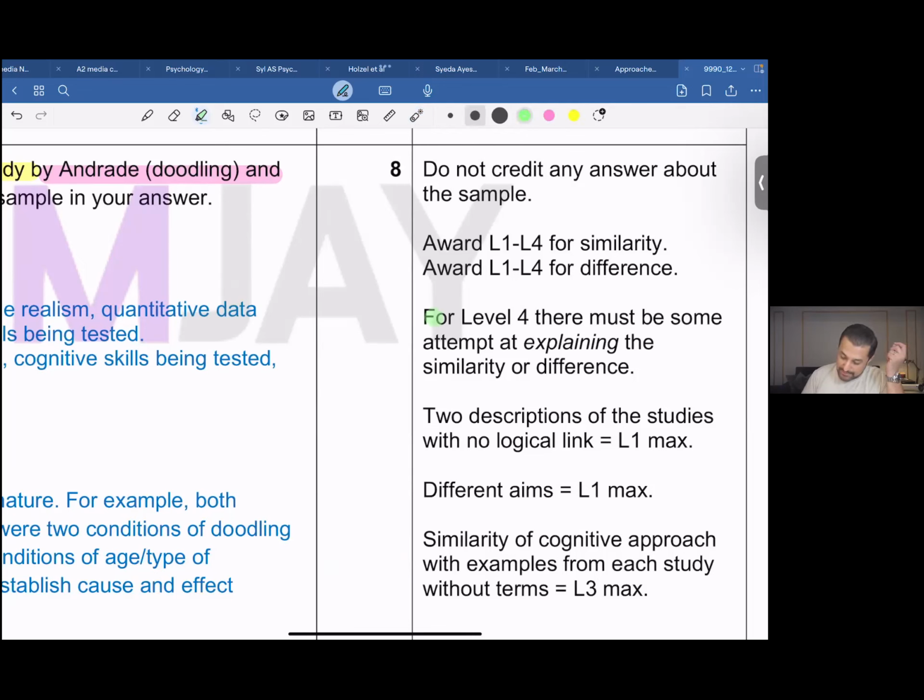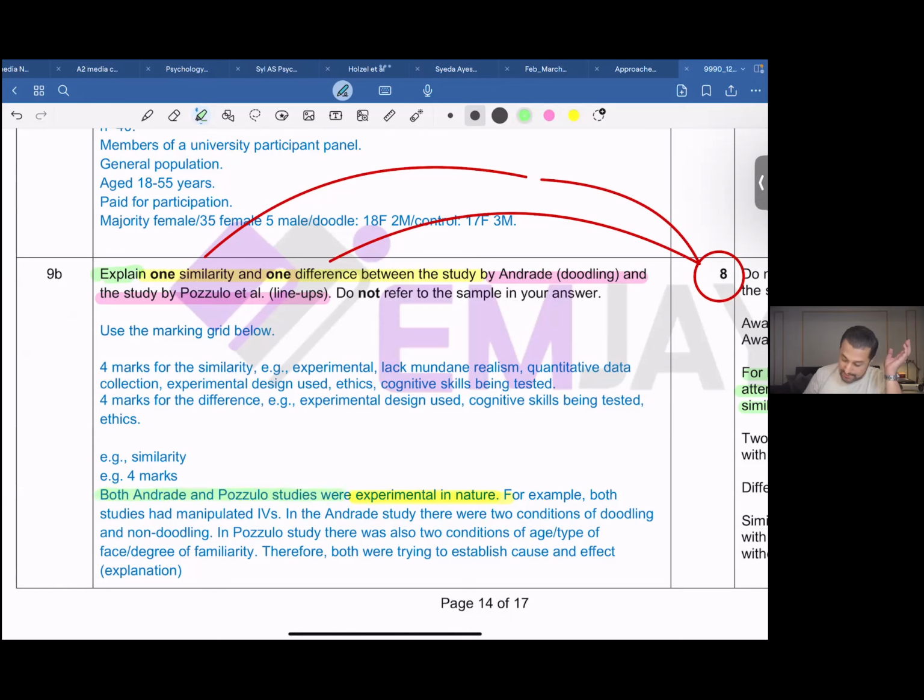Having a quick look at this, it reads, both Andrade and Pozzolo studies were experimental in nature. For example, both studies have manipulated IVs. Wait a second, I'll just use different colors so that you understand. This is the point being identified. This is when you have developed it. For example, both studies have manipulated IVs. 3rd mark, in Andrade's study, there were 2 conditions of doodling and not doodling.